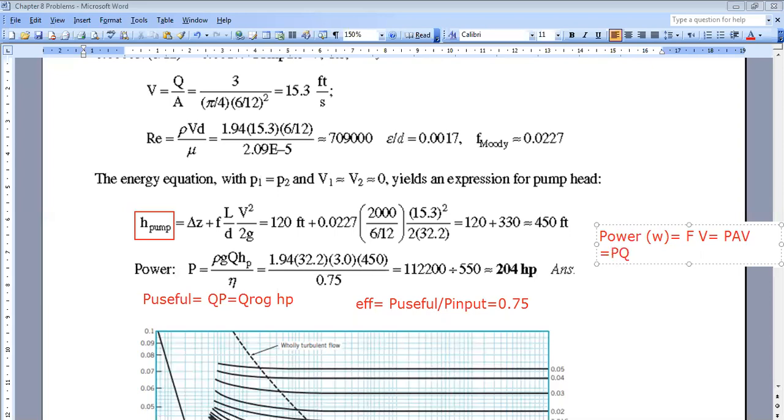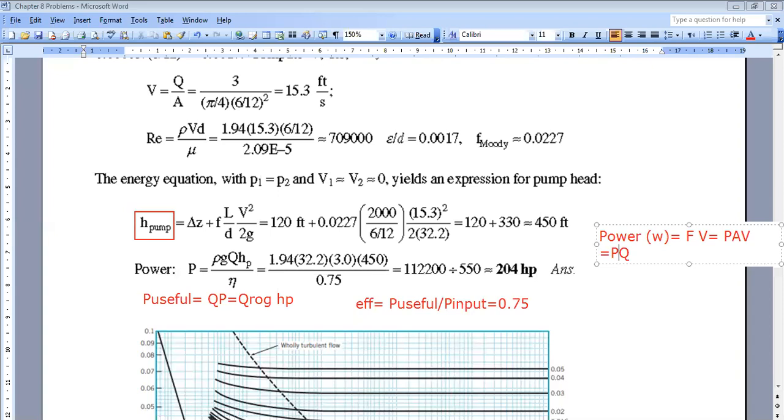For a pump, what is the term that will have the same unit of pressure? It's the pressure head. The head of the pump HP is defined in a way that if you multiply rho G by H, you get the equivalent pressure energy of the pump.